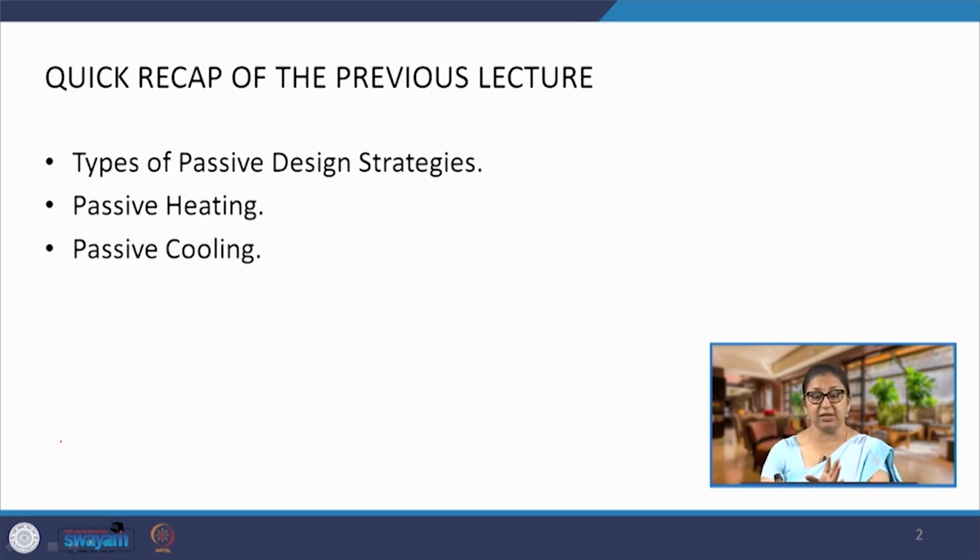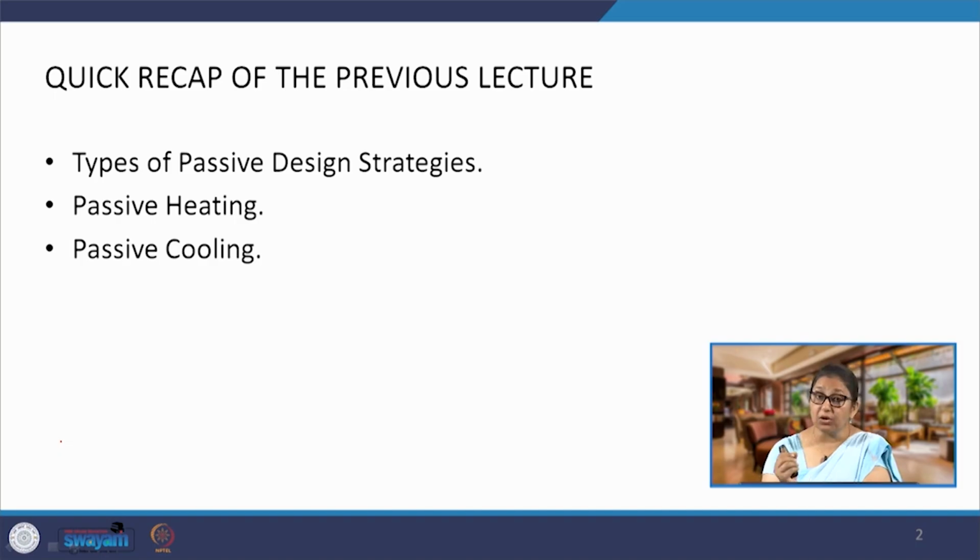Earlier we were looking more at design strategies and some construction strategies, but here we are looking at strategies which are added on top of the building that is going to be constructed, but will work passively only. That is why we are calling them advanced passive features.